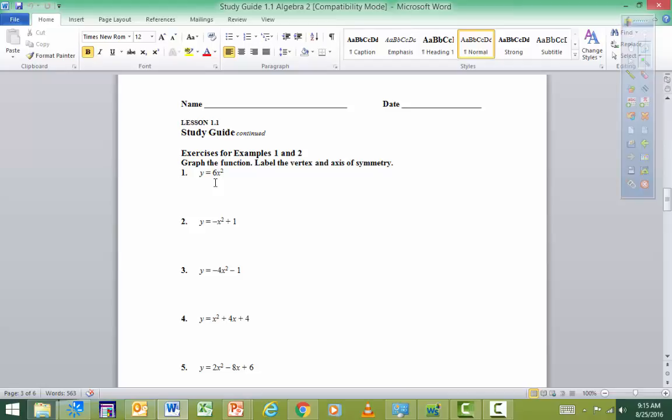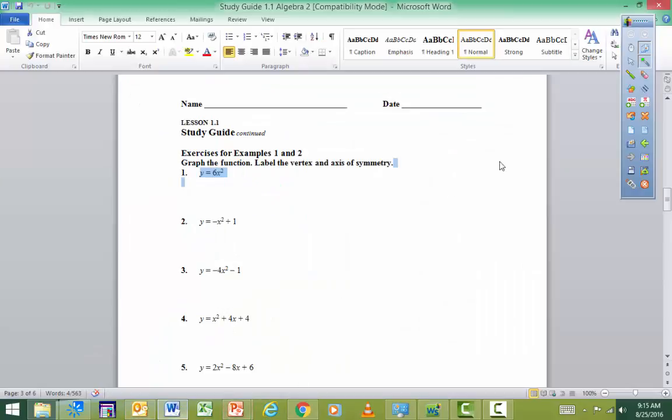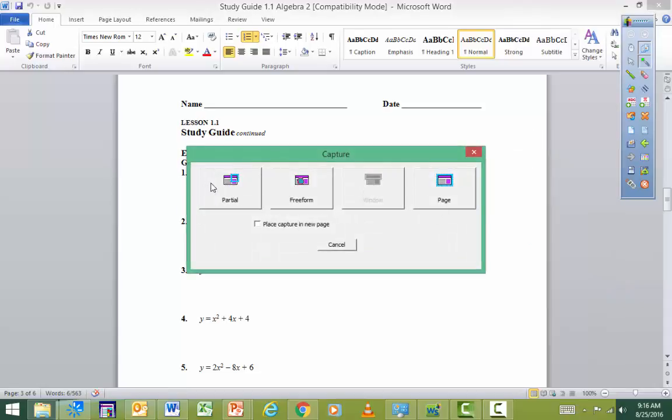on your paper, you can graph. Here's what I would recommend. Whoops, let me go back to my paper. Study guide right here. What I want you to do, you have your graph paper, right? Where's my pen? Okay. Oh shoot, I can't. Okay, I have to be clever now. Alright, let's see if I can be smart enough to do this. Okay, wait. I want more tools. Where's my camera at? Oh, there's my capture one. I want to do a partial.